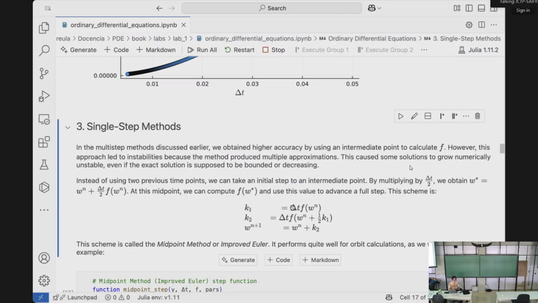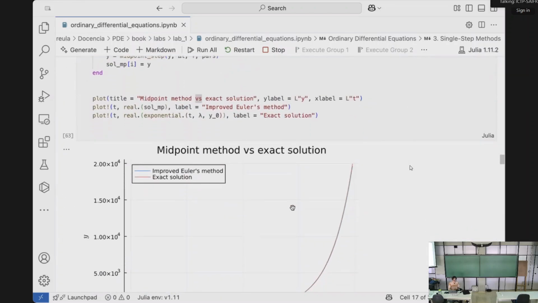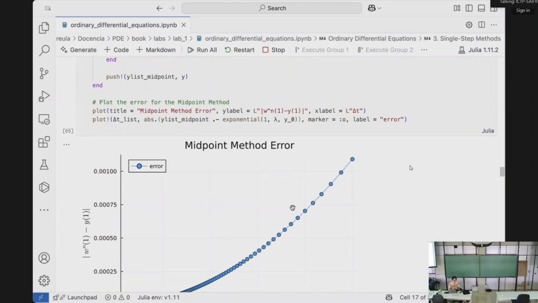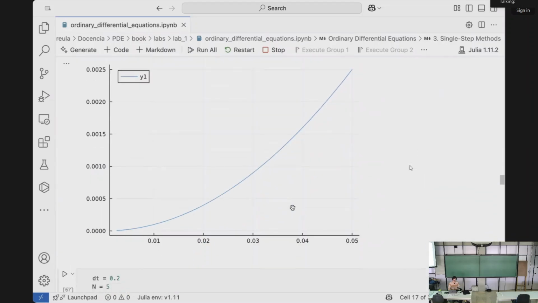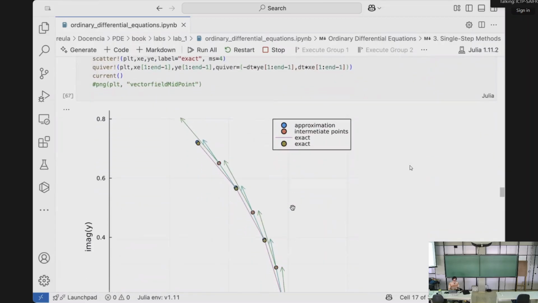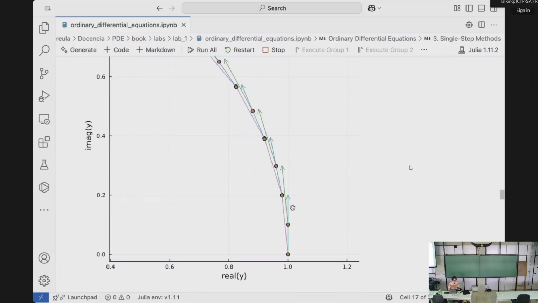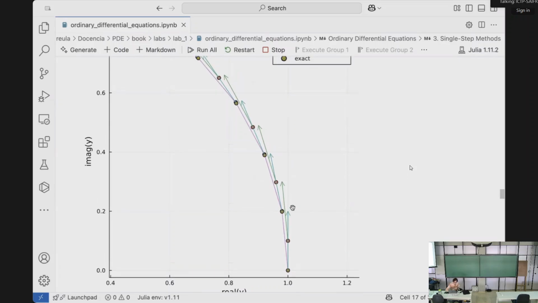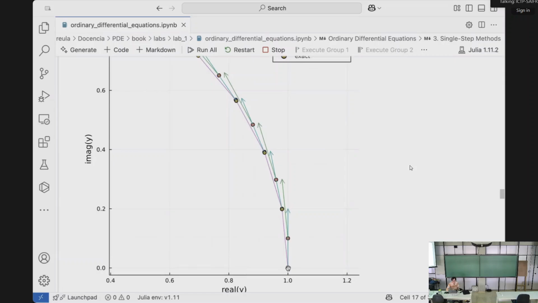So I will try to show it with this graph here. Imagine that I am at this point here. This is a certain value of y, right? And this arrow here is telling me where I am actually going, right?